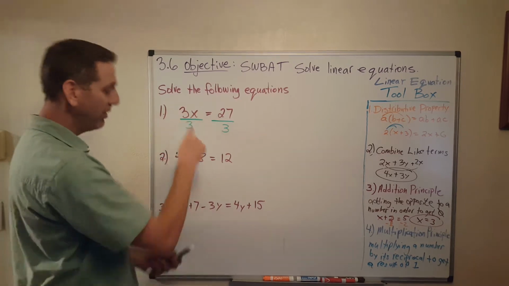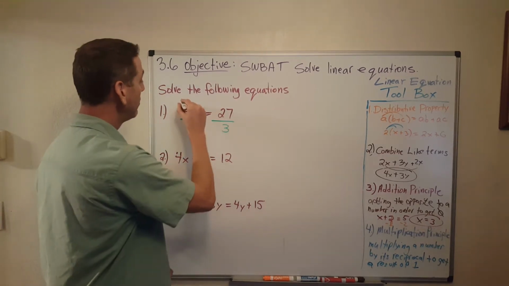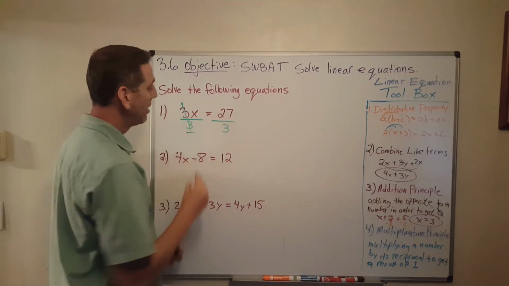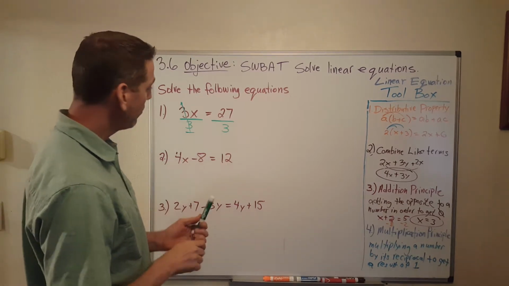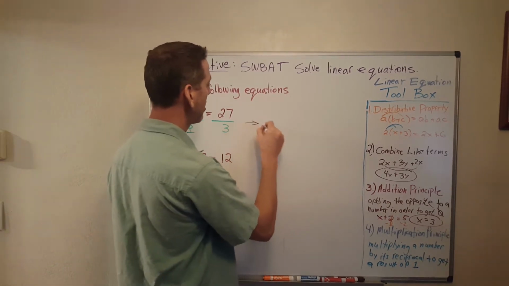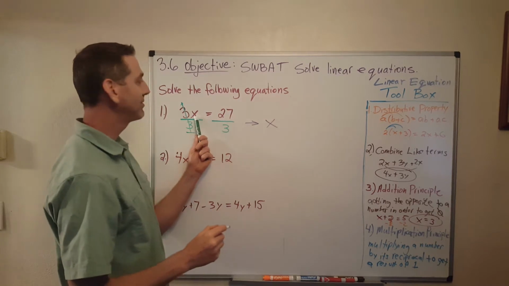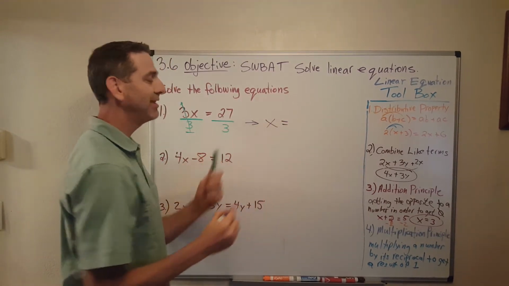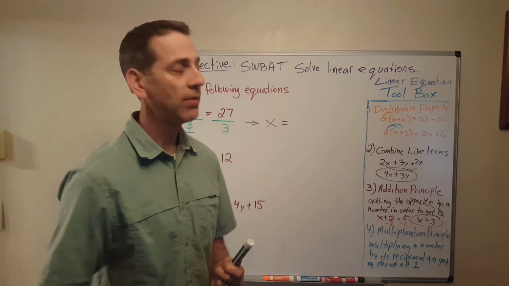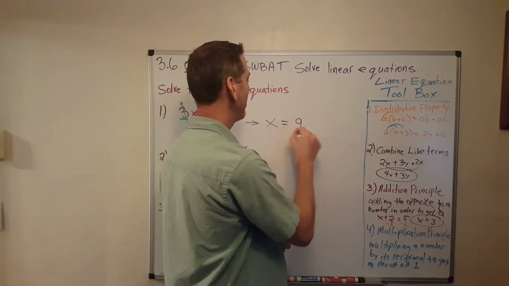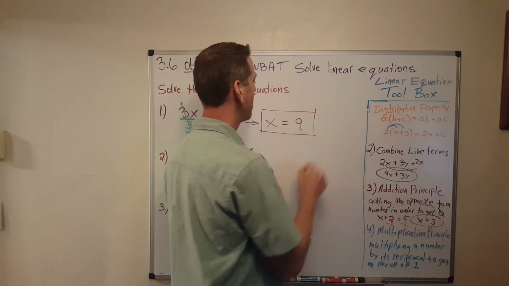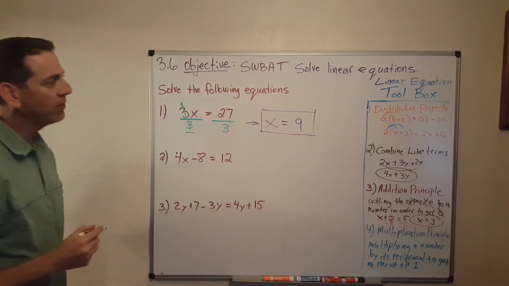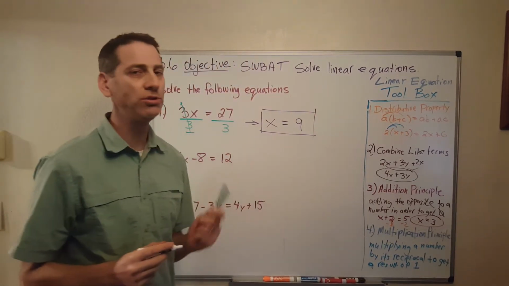All right, so I got 3 divided by 3, which is 1. And I end up with x, or 1x, equals 27 divided by 3 is 9. All right? So that is called my solution.